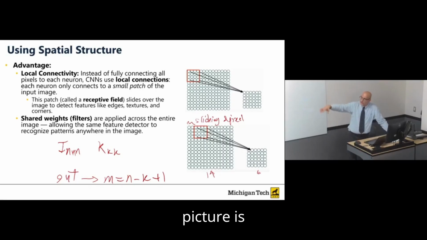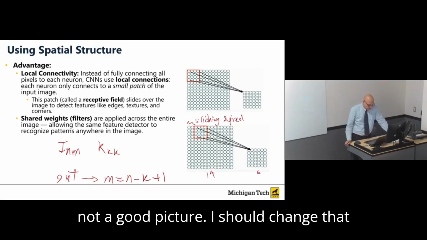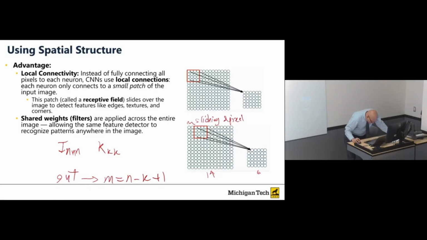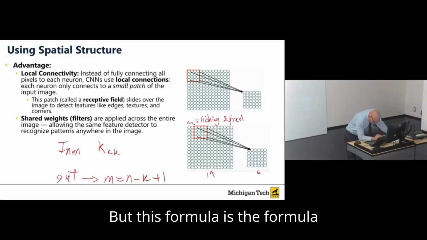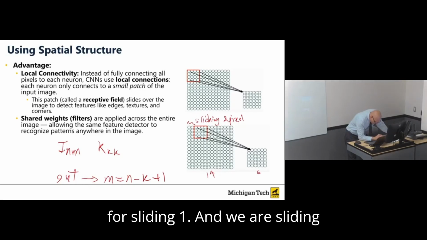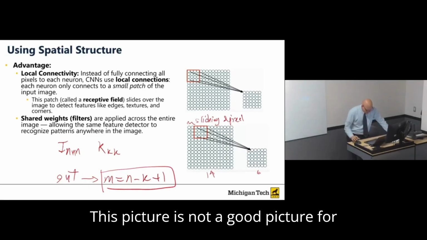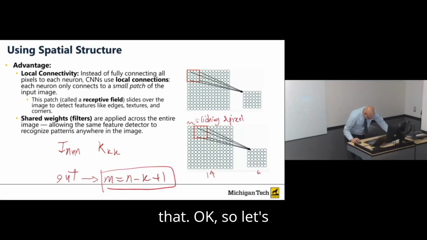This picture is not a good picture. I should change that later. Okay, let's clean this up. This formula is the formula for sliding 1, and we are sliding 1 in convolution, not 2. This picture is not good for that.